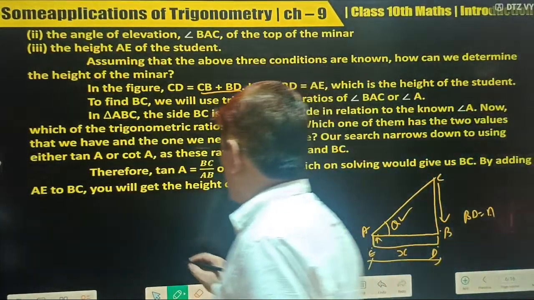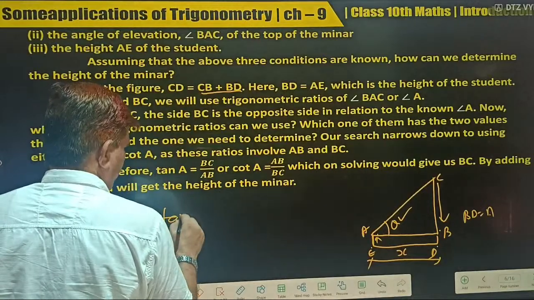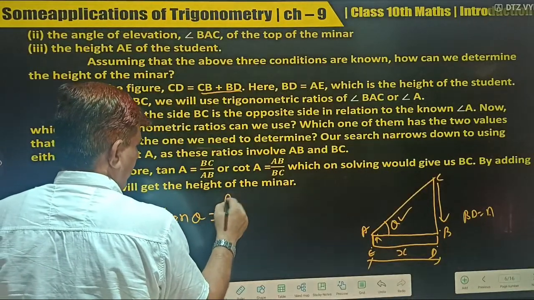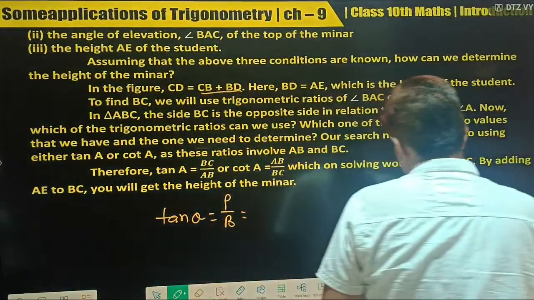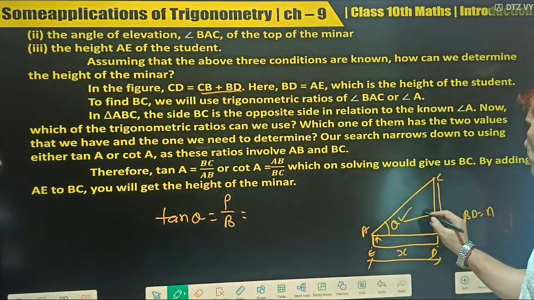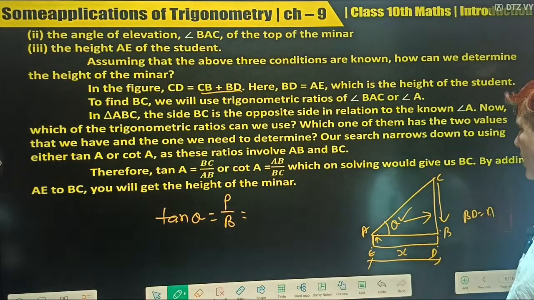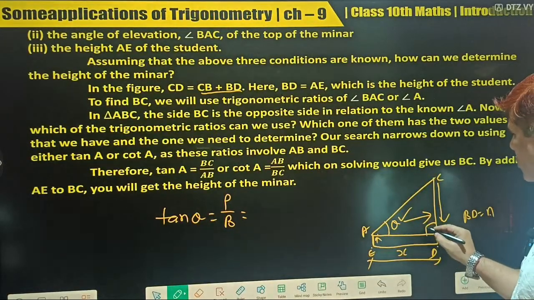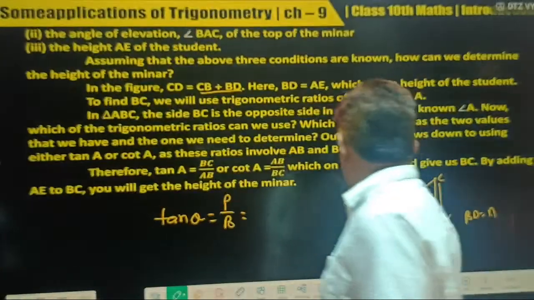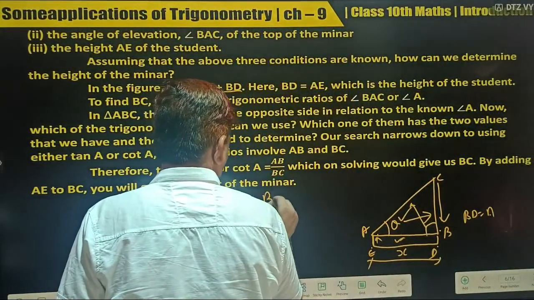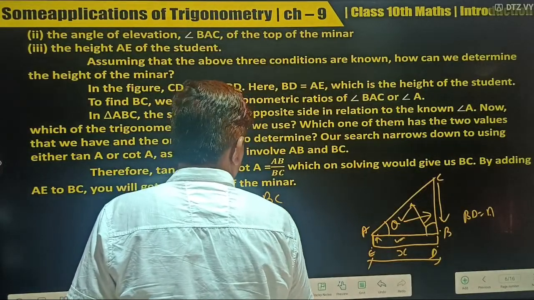So we can find it like this: tangent theta is equal to perpendicular by base. Which one is the perpendicular? If this is the angle, opposite to it is the perpendicular, and this is the base. So we can say tangent theta is BC by AB.